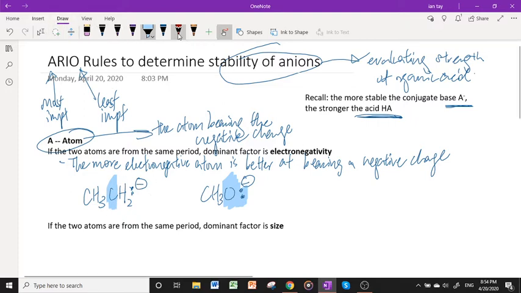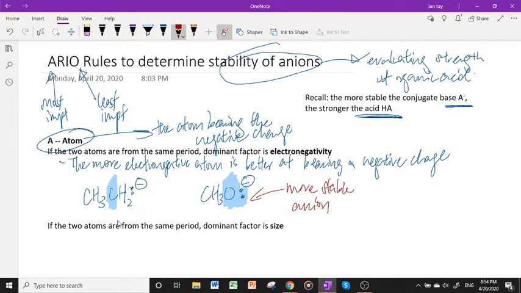So we can conclude that the methoxide anion is the more stable anion.